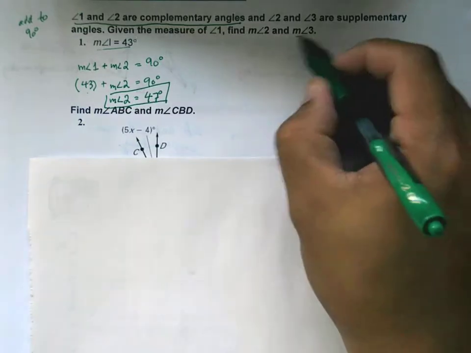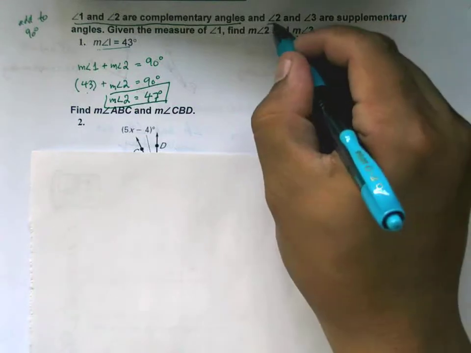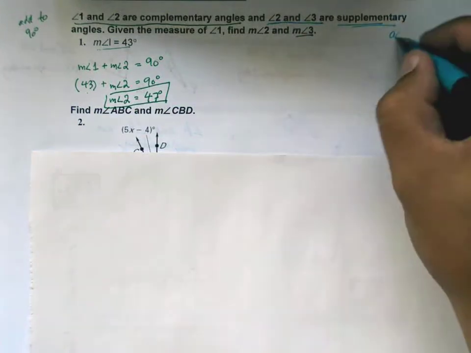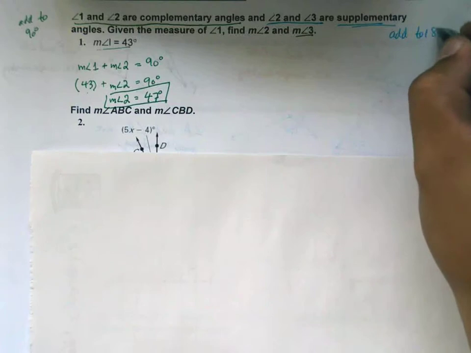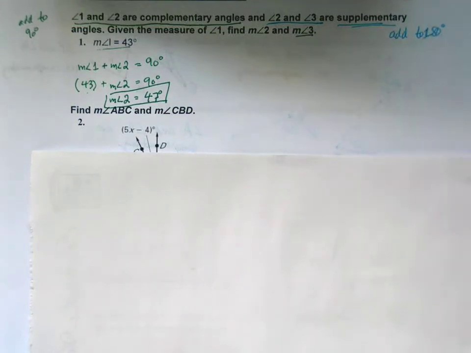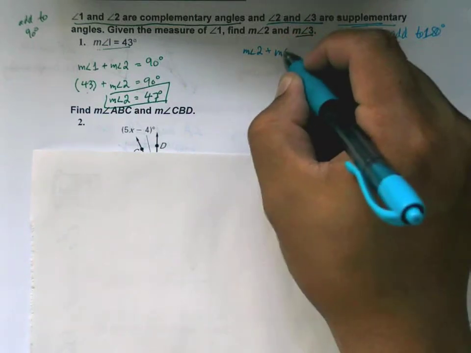Well, it says here that angles 2 and 3 are supplementary, and this means they add to 180 degrees. Okay? Let me write this down: 180 degrees. So if we do the measure of angle 2 plus measure of angle 3, that's got to be equal to 180.